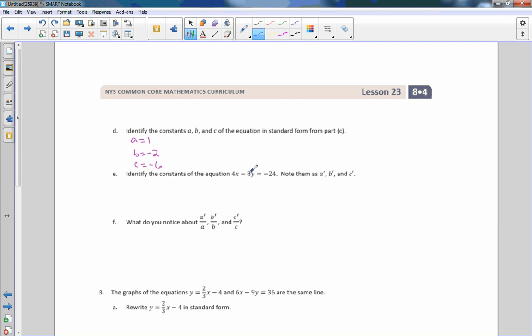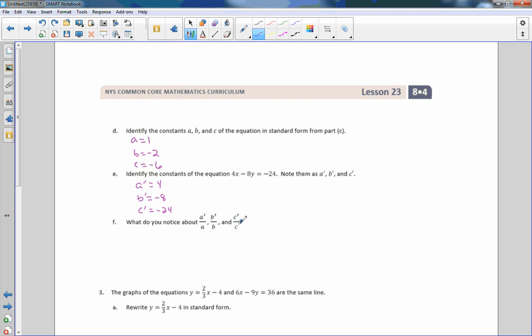Now it says to identify the constants in this equation, noting that they are a prime, b prime, and c prime. So a prime is the coefficient of the variable x, which is 4. B prime is the coefficient of the variable y, which is -8. And c prime is the constant, which is -24.